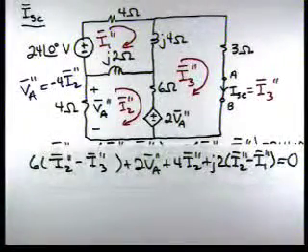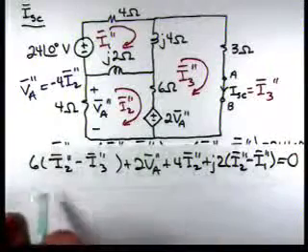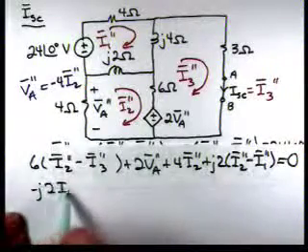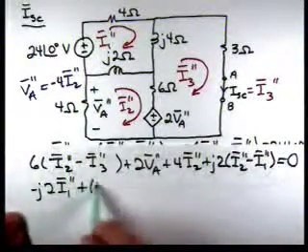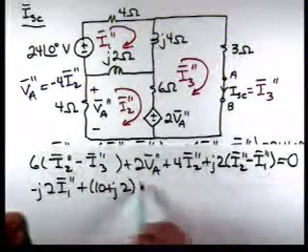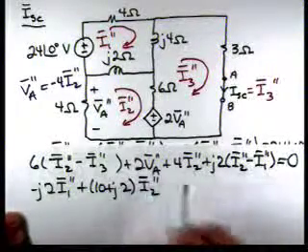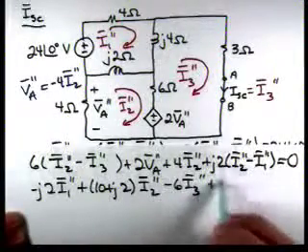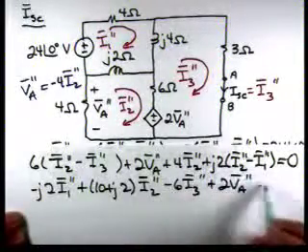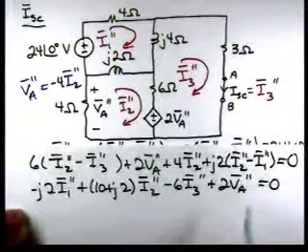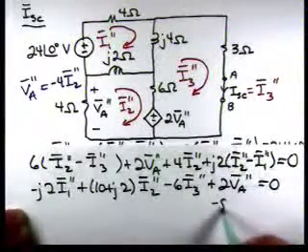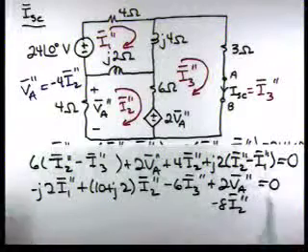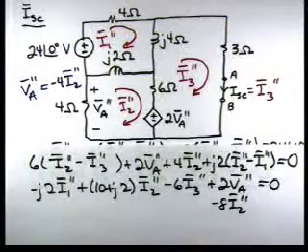If we start simplifying, we'll get minus J2 I1 double prime plus 10 plus J2 I2 double prime minus 6 I3 double prime plus 2 VA double prime, and we know that this will become minus 8 I2 double prime when we make our substitution.